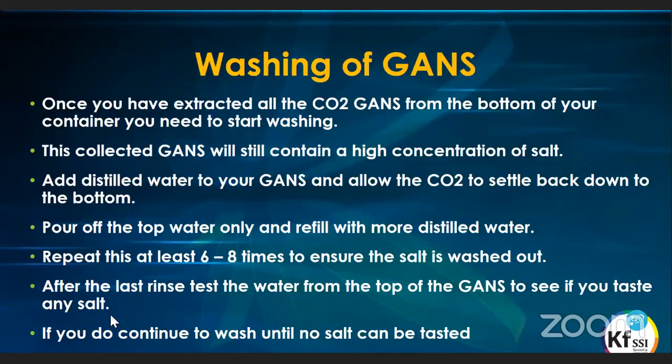Sometimes it can take 6-12 hours for that to really settle down to the bottom. And then you can carefully pour off the top of that water so as not to pour away some of your GANs material. And then you just refill that again with distilled water. So you just wash and wash many times to ensure that you've washed all your salt out.